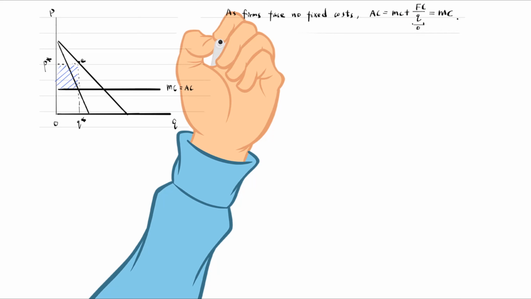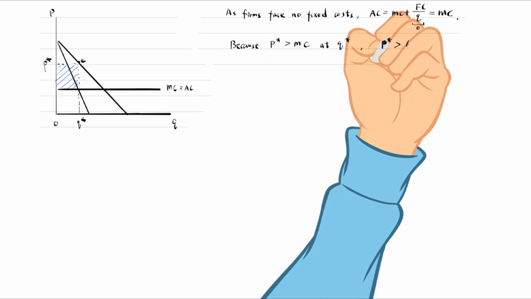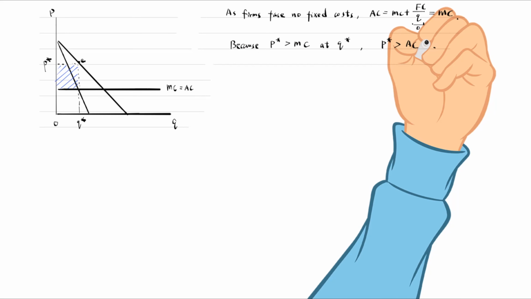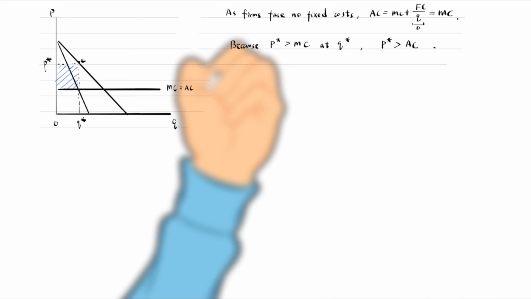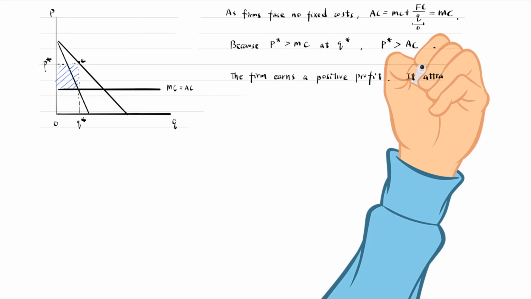Because in the monopolistic competition equilibrium, the equilibrium price P* is higher than the marginal cost at the equilibrium quantity Q*, the price must be higher than the average cost. Thus, the firm earns a positive profit, which equals the blue rectangle area in the graph.